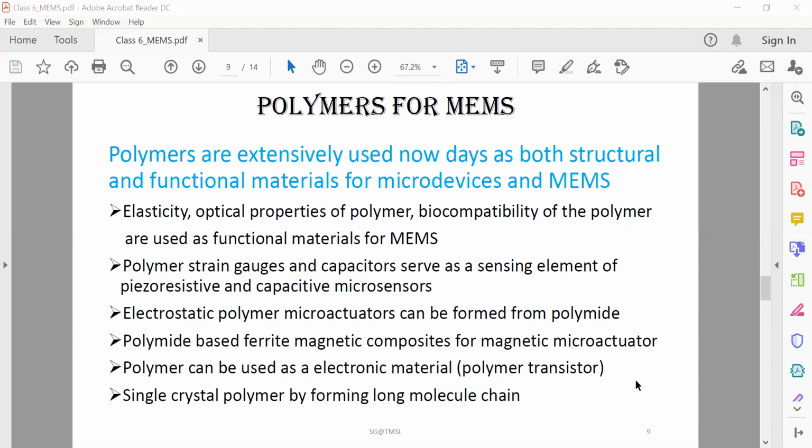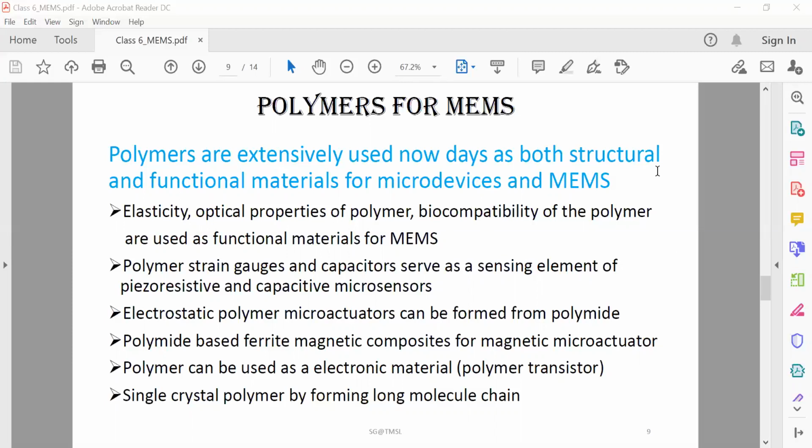So both passive and active components and MEMS components can be integrated together, and as a whole will be known as polymer MEMS.